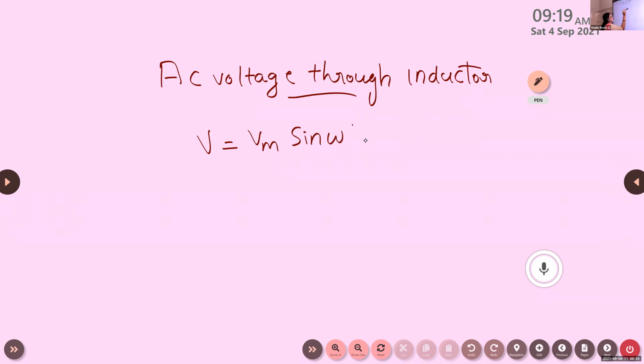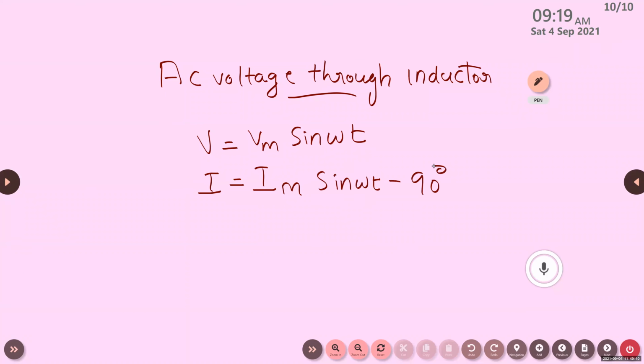Then the equation for current? I is equal to Im sine omega t minus 90 degree, in the case of inductor.